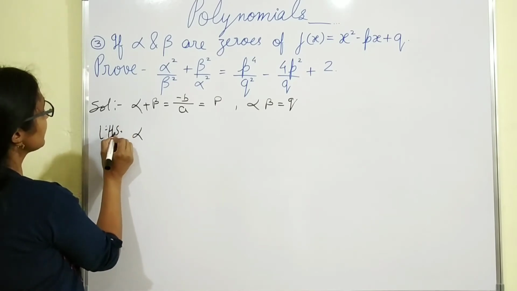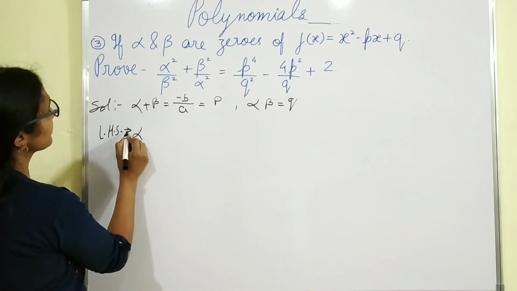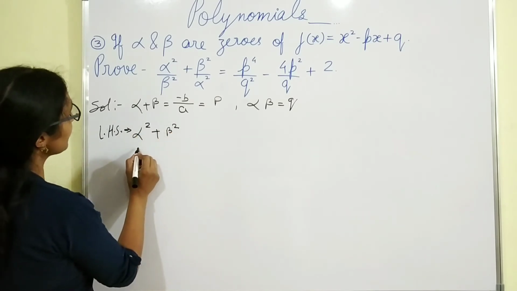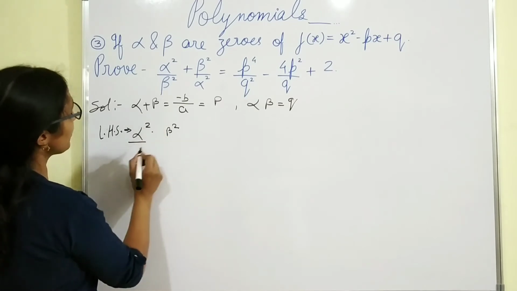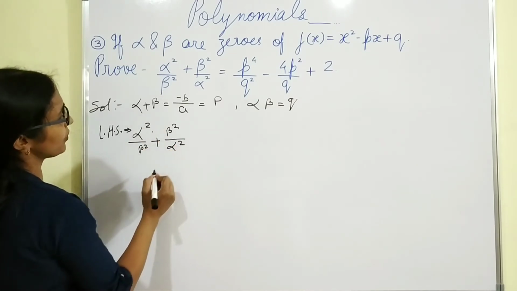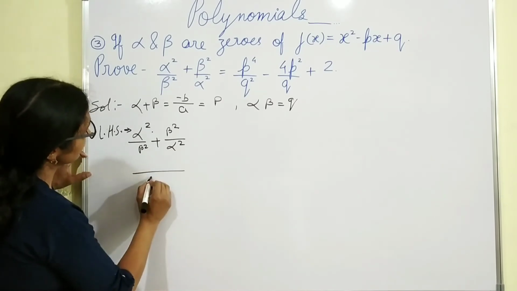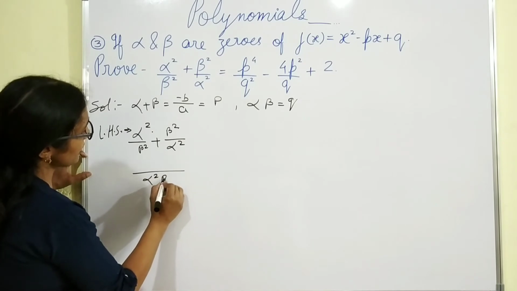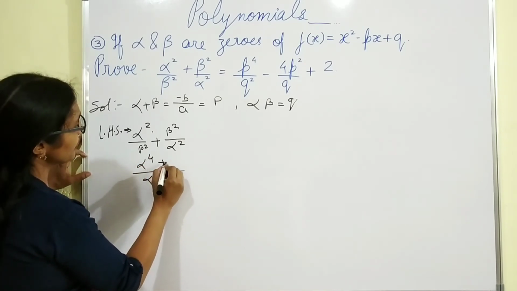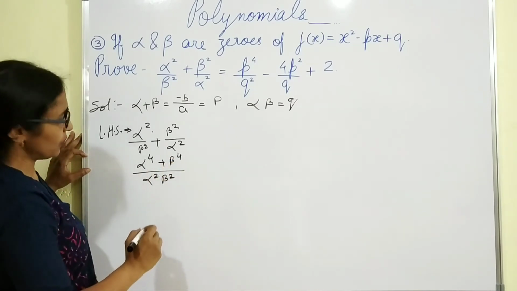So, left hand side. Alpha square upon beta square plus beta square upon alpha square. So, alpha square, beta square, it will become alpha power 4 plus beta power 4 upon alpha square beta square.